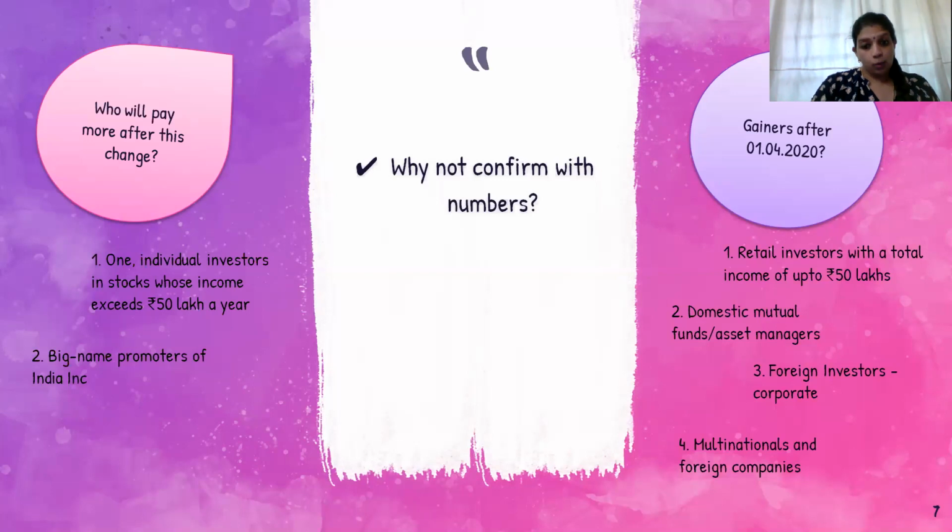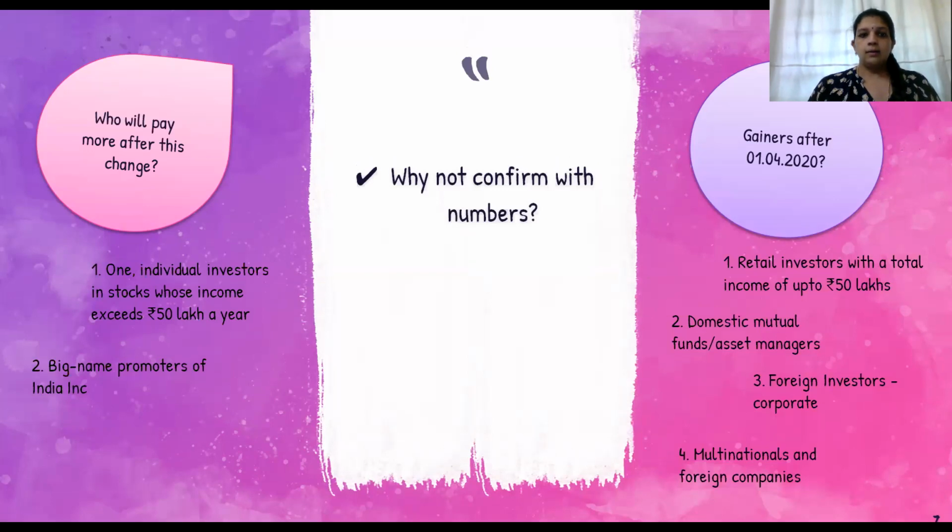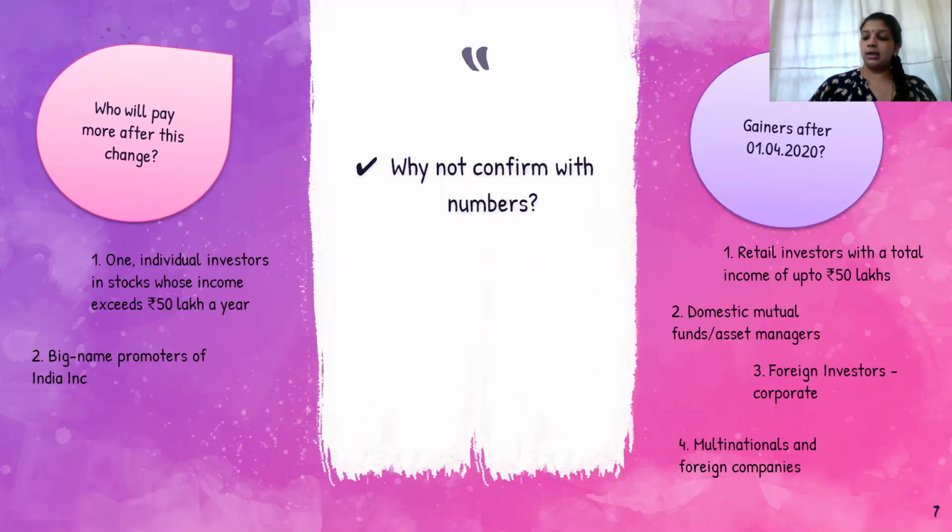One, let's go with the gainers first. Retail investors with total income of up to 50 lakhs. Since they were paying at a higher rate of 20.56%, now it's enough if they pay within their own slab rates, which will be much lesser as opposed to the flat rate of 20.56%.